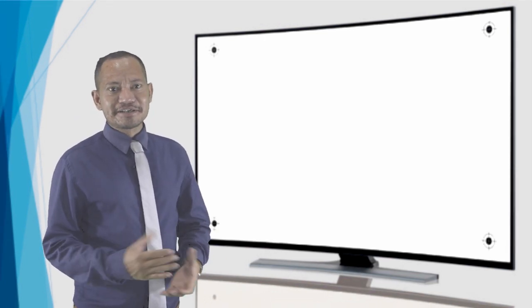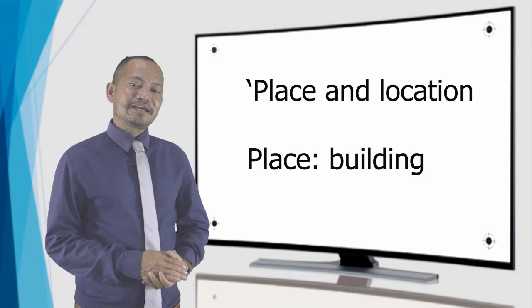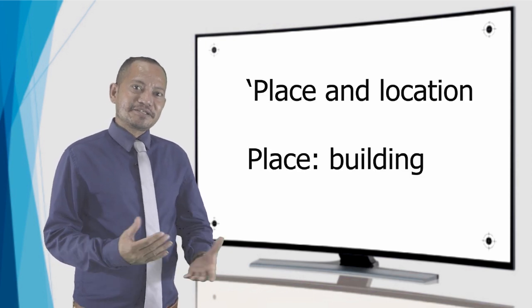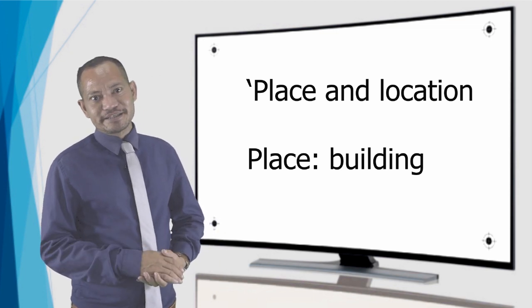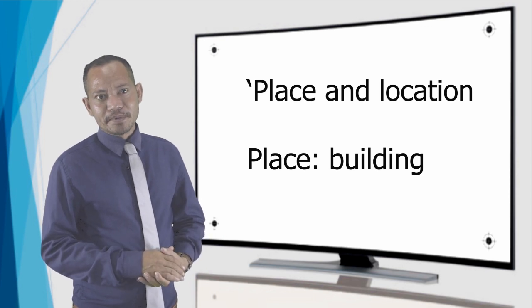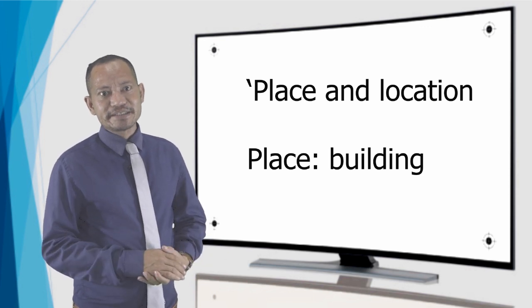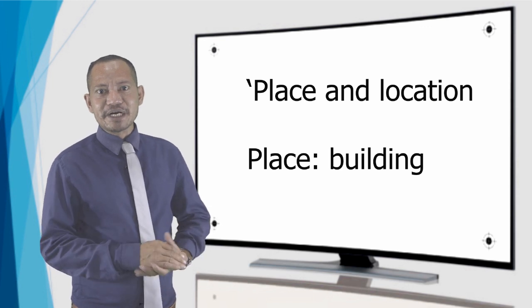Well, let's start by looking at the difference between place and location. Understanding the two terms can be very confusing. When we talk about a place, it can be a building that has a definite purpose.